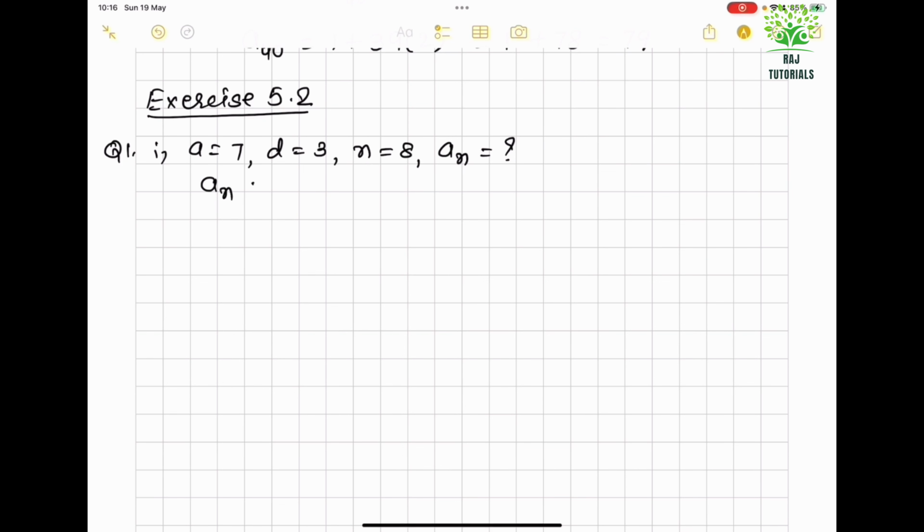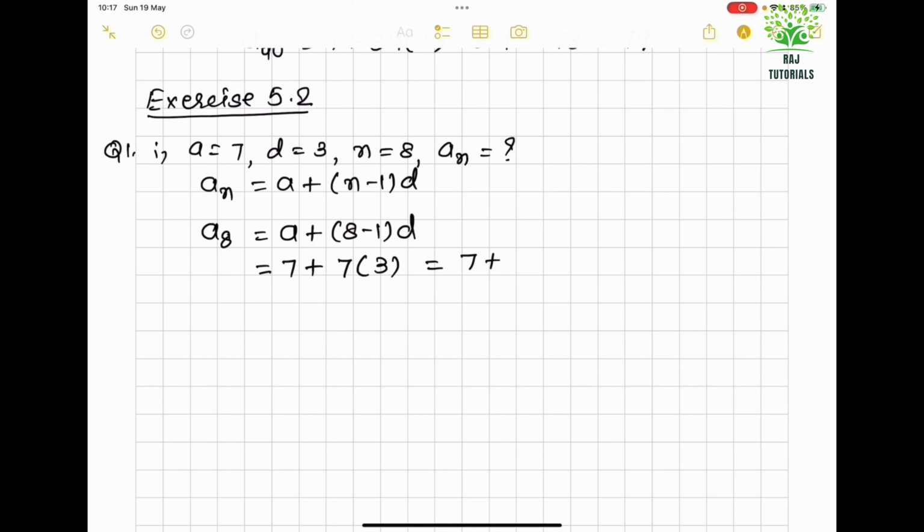The AN formula was A plus (N minus 1) D. So A8 is A plus (8 minus 1) into D, which is 7 plus 7 into 3, so 7 plus 21. So A8 is 28.